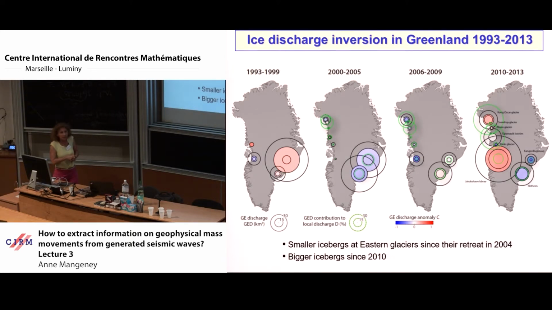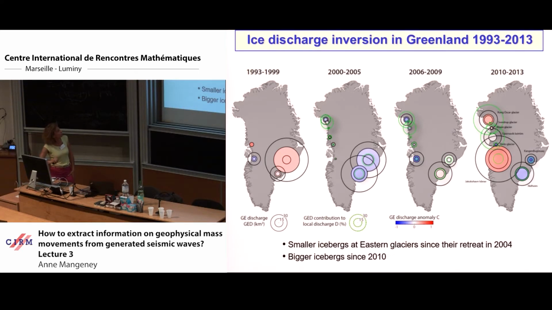The color represents the anomaly of the volume, meaning the individual volume. If you have a mean volume over the whole period at a given location, a red color means that you have individually bigger volumes, and a blue color means that in this period each iceberg has a smaller size than the average.